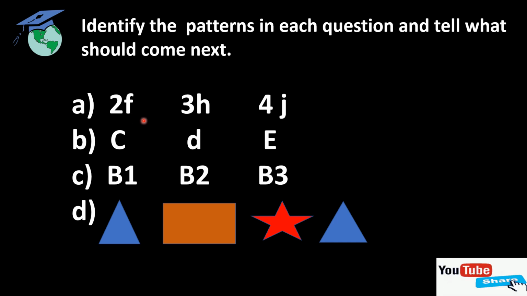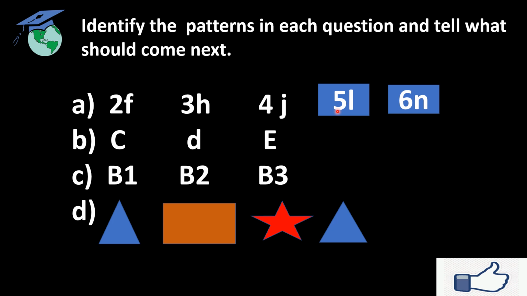After F we will not write G. After G we will write H. And after H we will not write I. After I we will write J. So now what is going to come next? It will be the number 5 and the alphabet L. Now after 5 it will be 6 and the alphabet will be N.